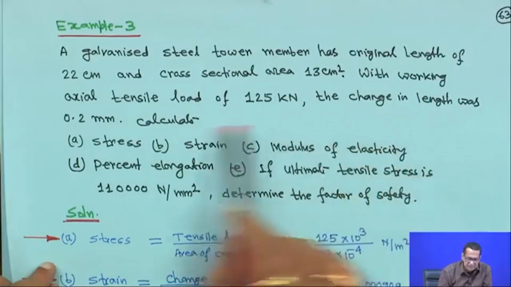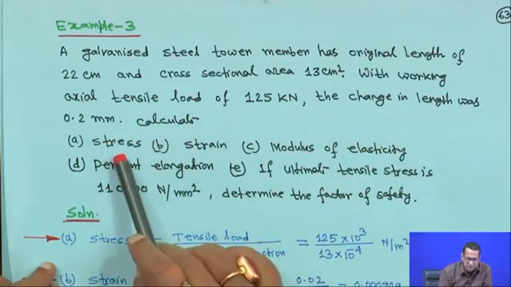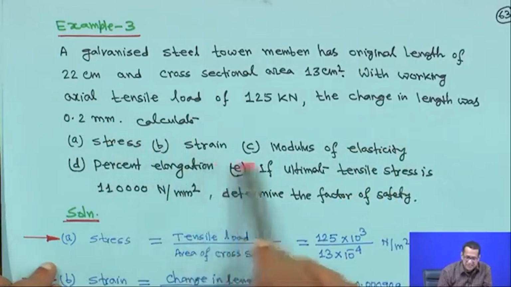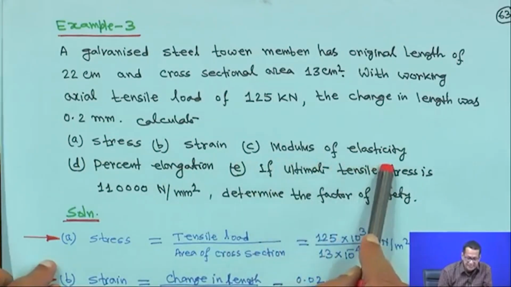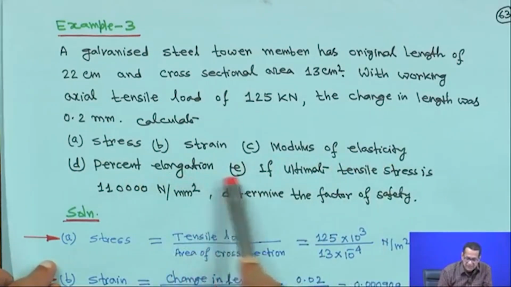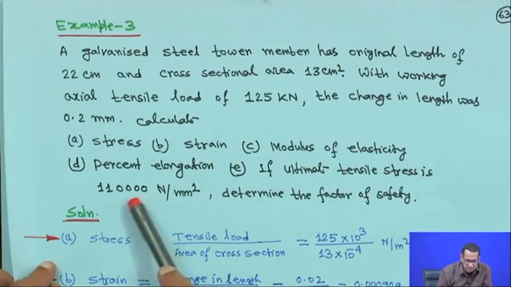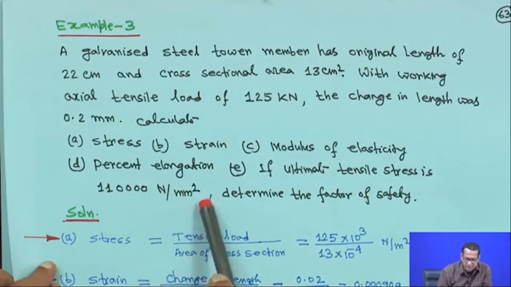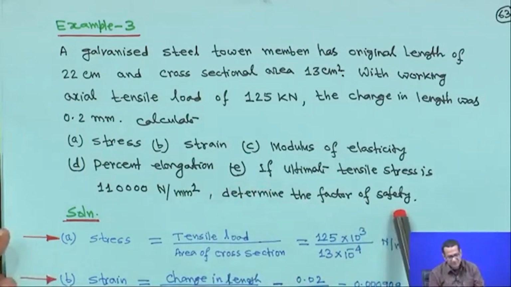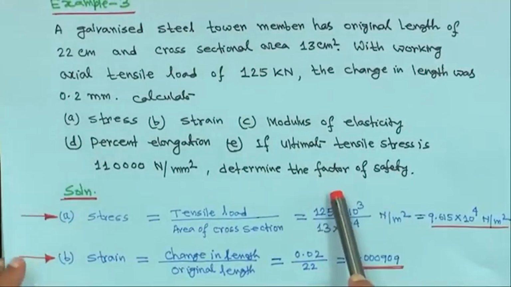The change in length was 0.2 millimeter. Calculate A stress, B the strain, C modulus of elasticity, D percent elongation, E if ultimate tensile stress is 1,10,000 Newton per millimeter square, determine the factor of safety. So, 5 things you have to find out.